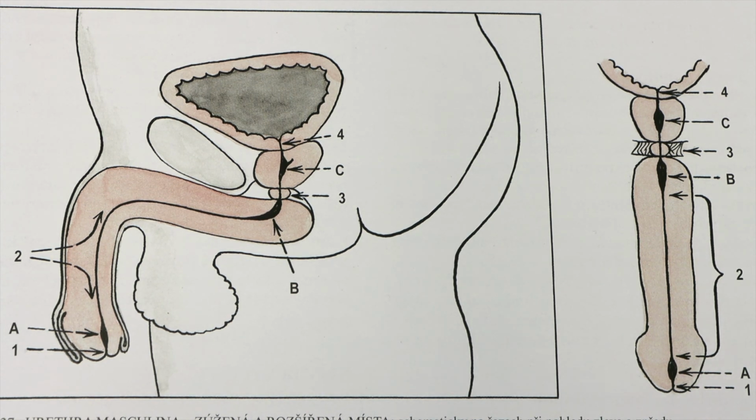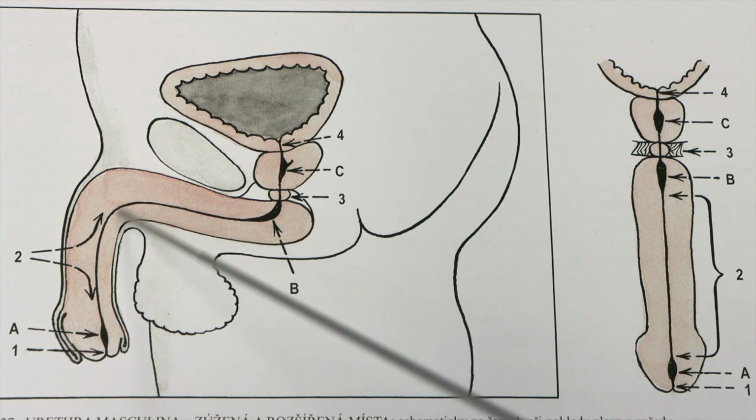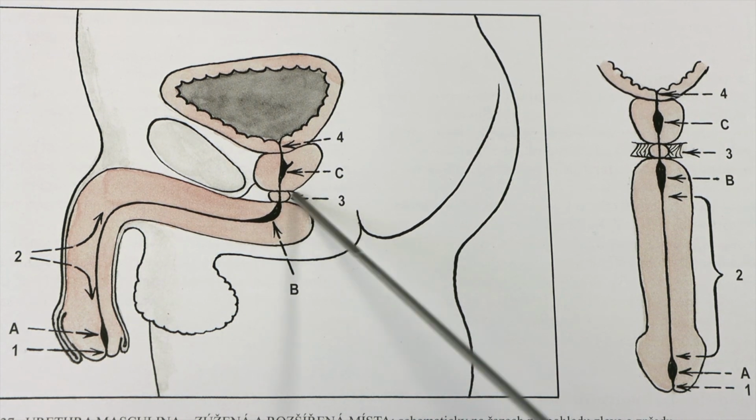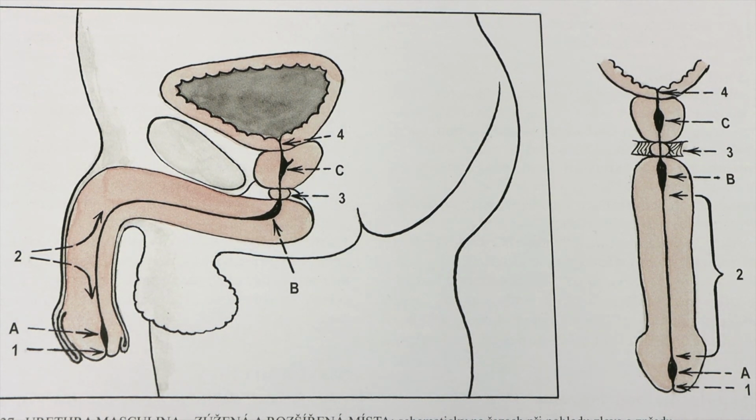Before that, in most of the spongy part, the lumen of the urethra is in a transverse direction, and in the membranous part, where it passes through the urogenital diaphragm, it is star shaped.